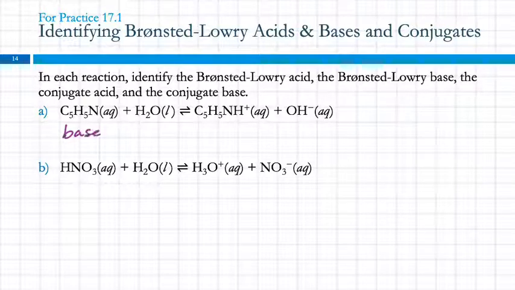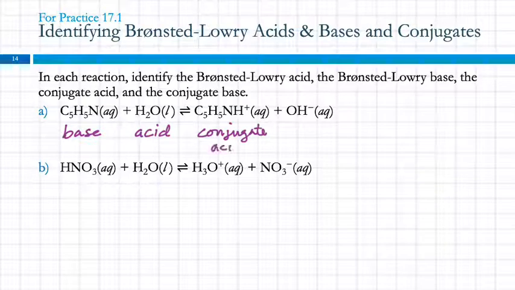So that must be a base, and H2O must be acting as the acid, because you can't have one without the other. So after this has accepted the proton, now it becomes the conjugate acid. It is the conjugate acid of this base. And hydroxide is the conjugate base of water.